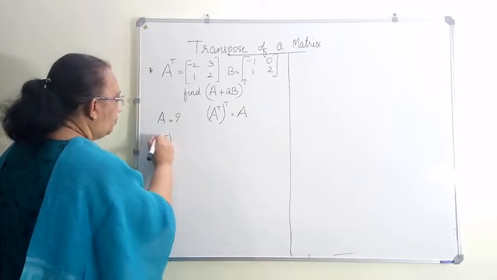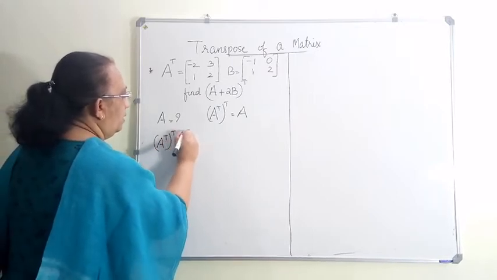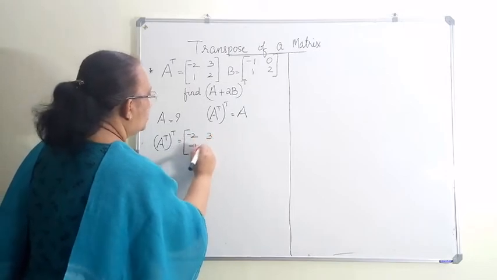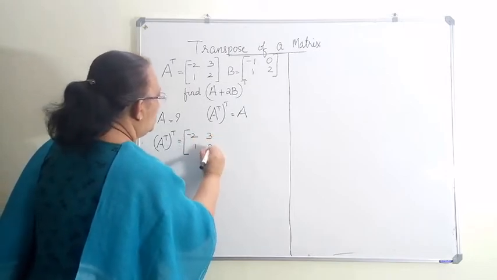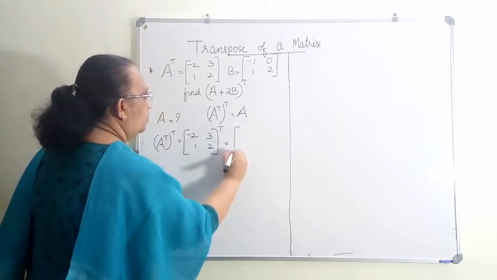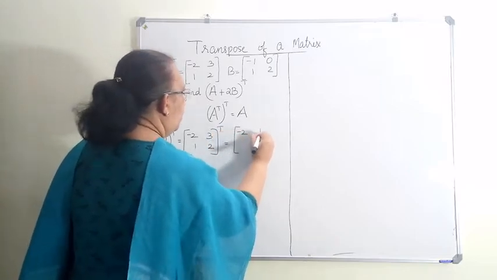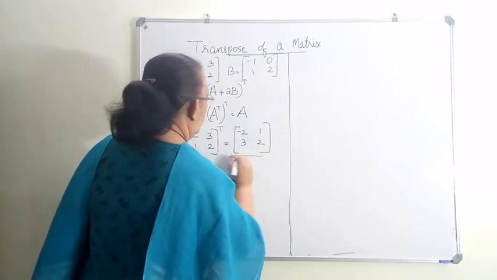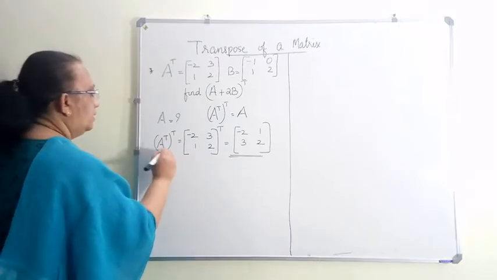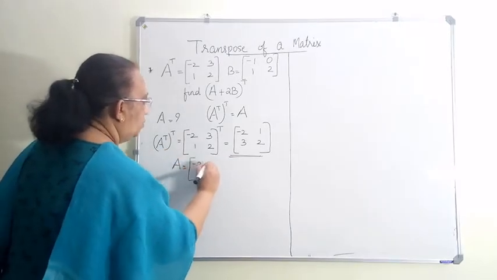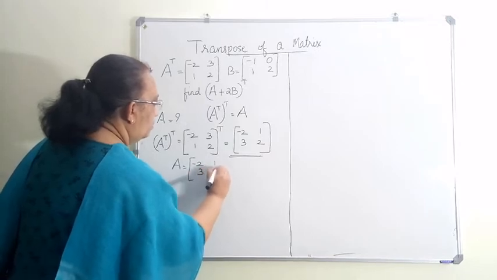So A transpose the transpose equal to -2, 3, -1, 2. Its transpose is equal to -2, 1, 3, 2. And this is your A. A is equal to -2, 1, 3, 2.